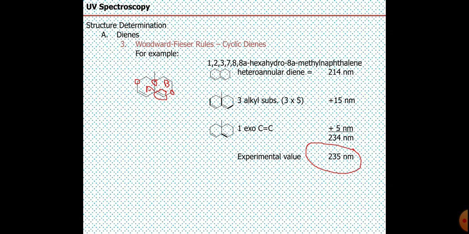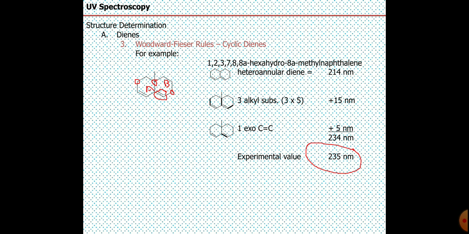Let us see one example of a transoid diene. We know that the base value is 214 nanometer, and in this case there are 3 alkyl residues present over this diene. As you can see, one alkyl residue is over here, one is over here, and one is over here.